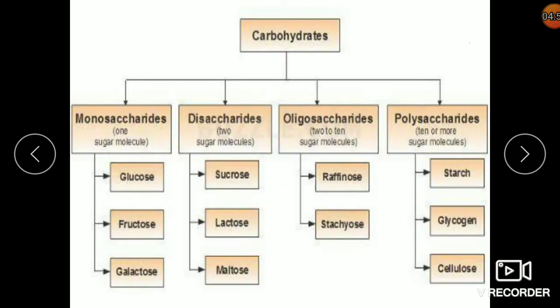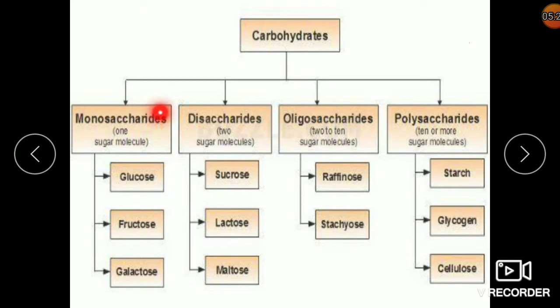Now let's see the classification of carbohydrates. Depending on the chemical properties and structure, carbohydrates can be categorized as monosaccharide, disaccharide, oligosaccharide and polysaccharide. Now what are monosaccharides? Carbohydrates or saccharides that do not hydrolyze, that means they will not react with water to form any other simple carbohydrate.